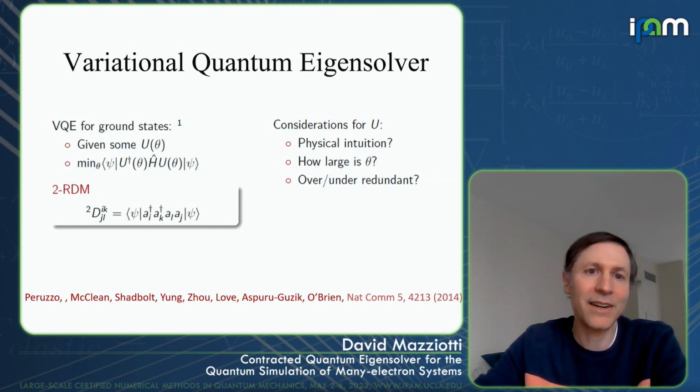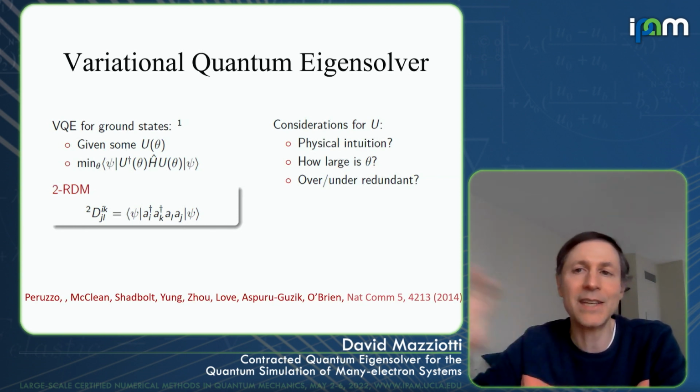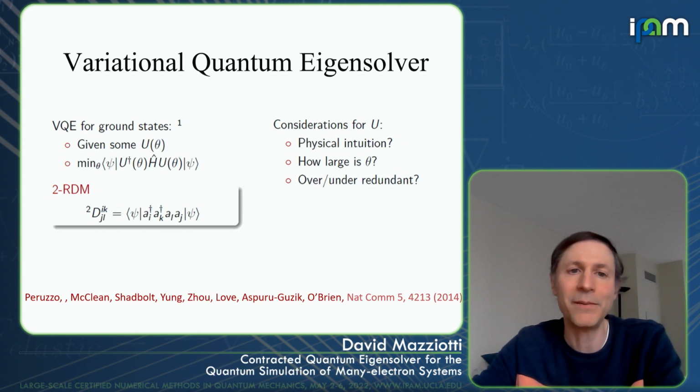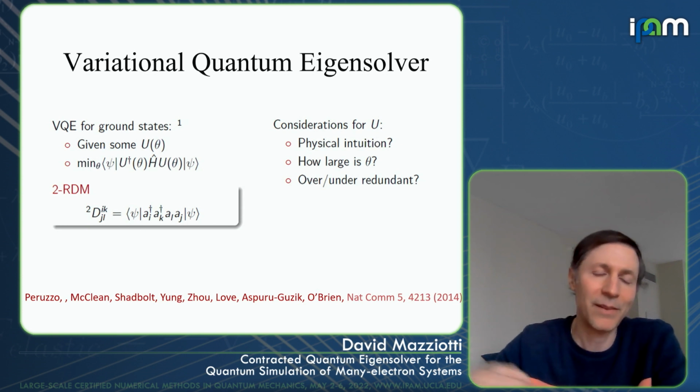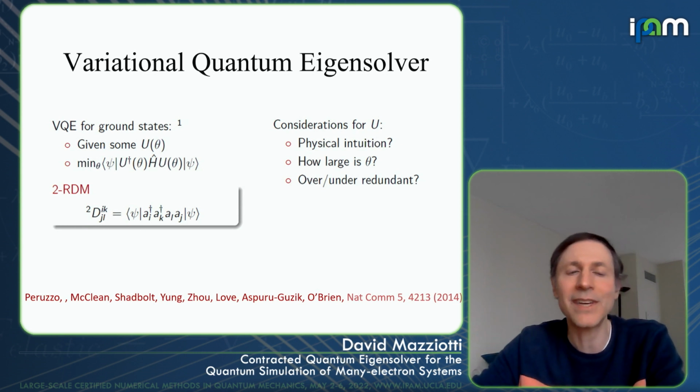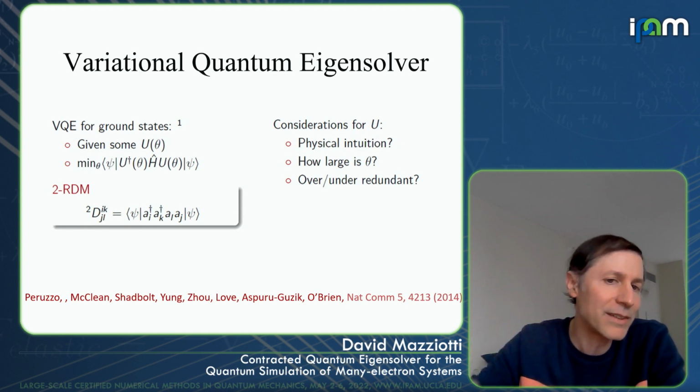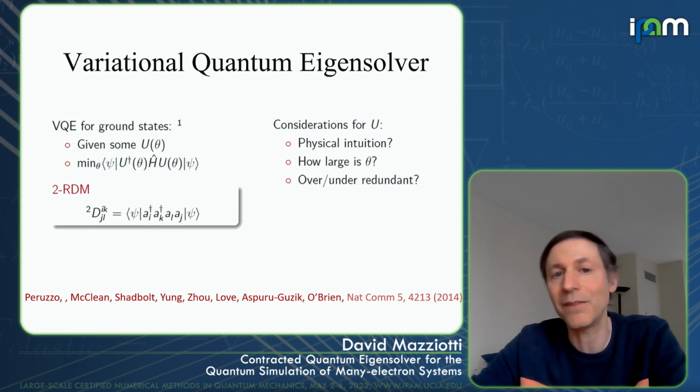So what is really done on a quantum computer is the state is prepared on the quantum computer, and then a measurement of quantum tomography is performed to calculate the components necessary to measure the energy. And the natural quantity used is the two-electron reduced density matrix, whose elements then allow us to evaluate the energy of the quantum system.